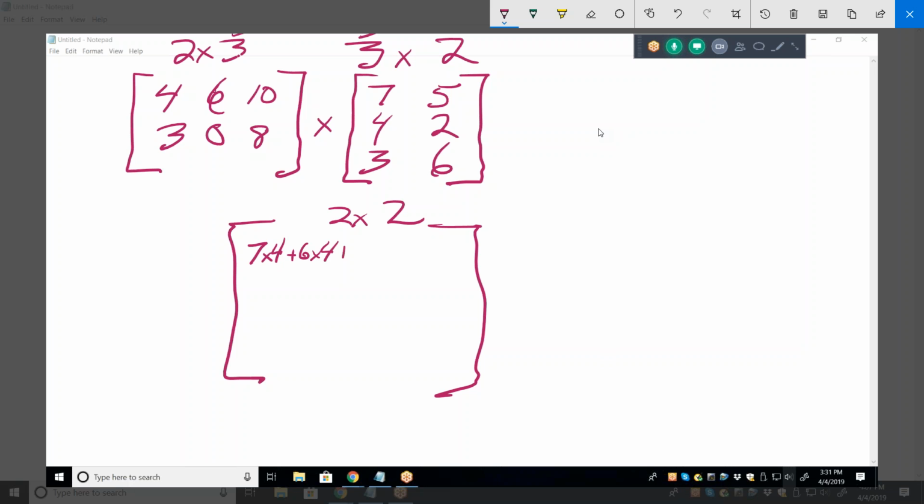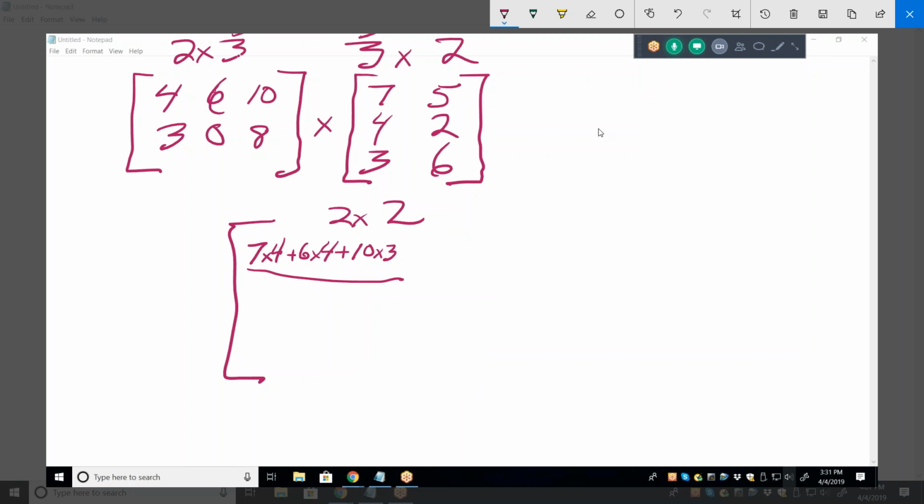Do you want me to just do this mentally, or are we going to work out No, let's just do one of them all the way through. Okay. Plus 10 times 3? Yeah, I just want to make sure you got it in the right order. So what is that? That's the first cell out of a total of 4 cells. We know there's only going to be 4 cells because this has got to be a 2 by 2.